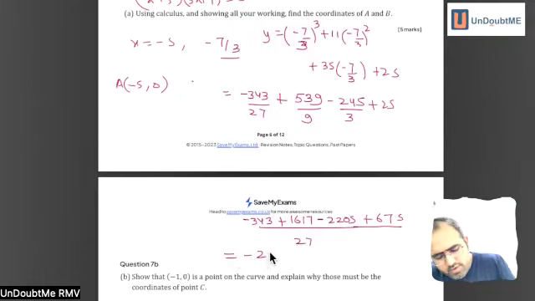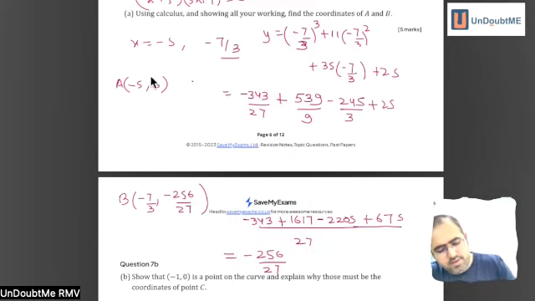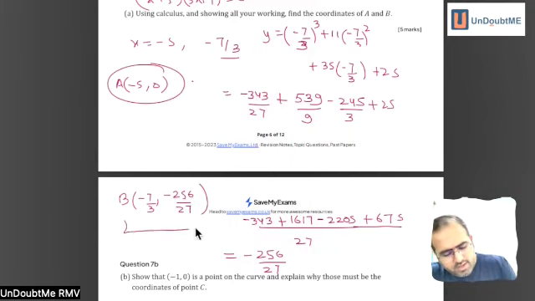So it is coming out as minus 256 over 27. So the coordinate of B will be minus 7 by 3 comma minus 256 upon 27. A and B are done.